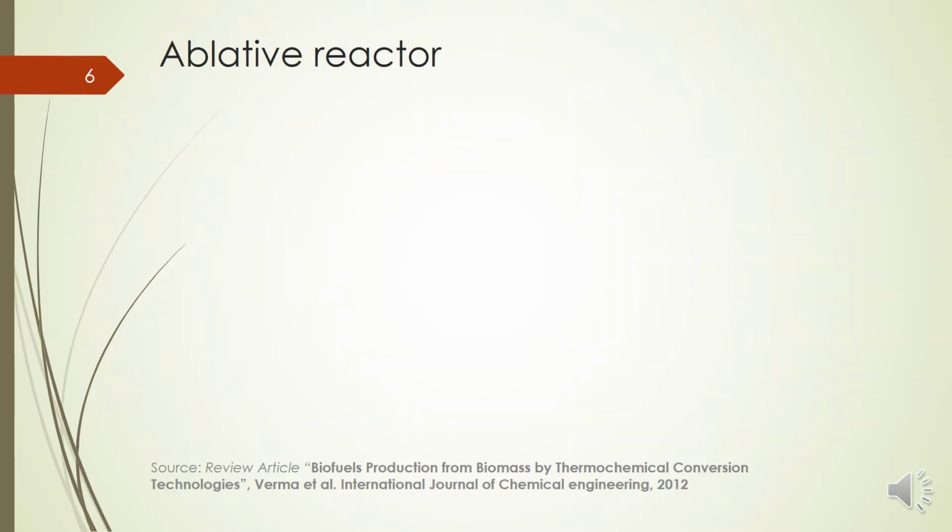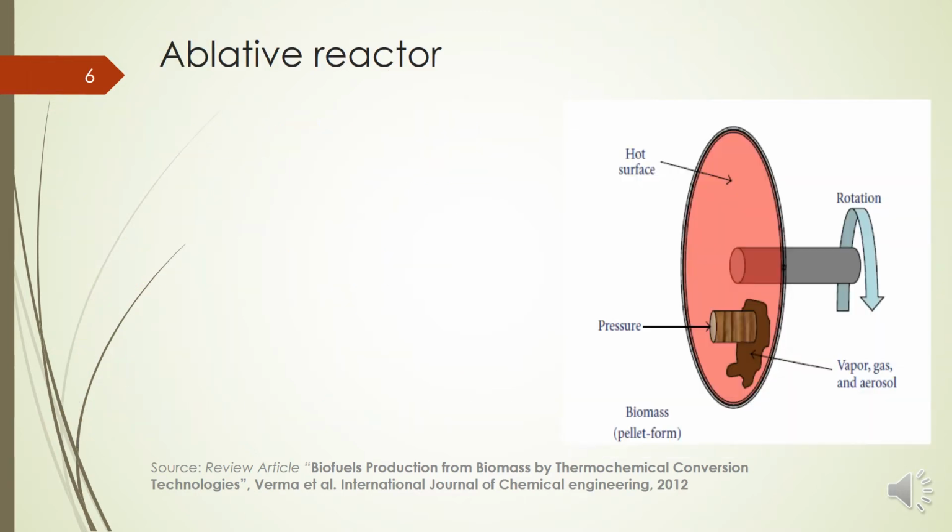Next we have the ablative reactor. What is an ablative reactor? We will have a rotating disc like this, and this is a high temperature disc with the help of some source. This rotating disc will be kept at a high temperature, and we will keep the biomass on this disc, and some pressure is applied. So that is the principle of the ablative reactor.